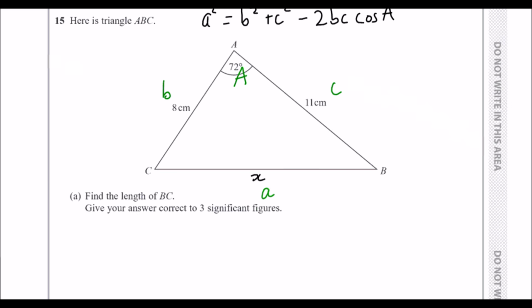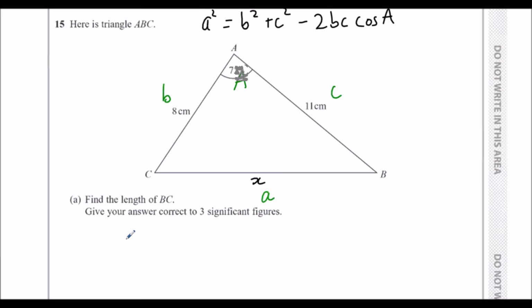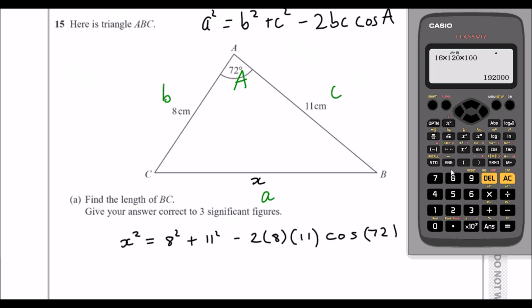So let's just substitute in. So x squared equals 8 squared plus 11 squared minus 2 times 8 times 11 cos 72. And we'll just type that into the calculator, everything to the right of the equal sign, and that will give us x squared. And then we'll just square root that for the answer.